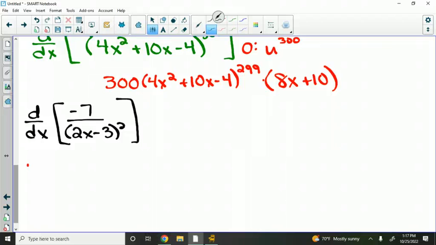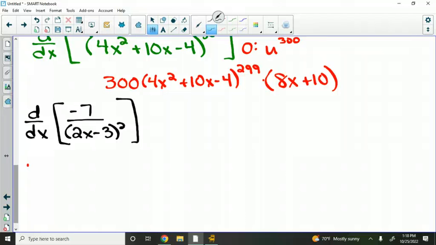Okay, here's why this one's evil. Do you see the parenthesis part? Like there's an inner and an outer, but there's also division. So technically, this could be a mixture of rules. This could be a quotient rule and a chain rule. But I'm going to show you a way out of that.